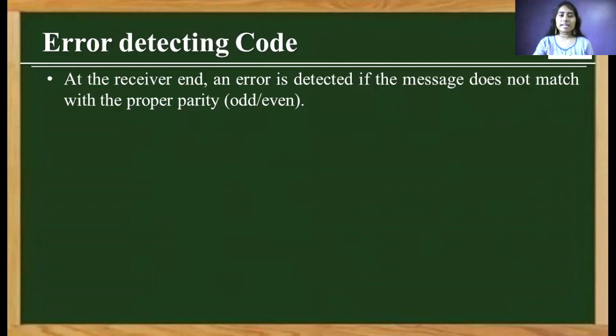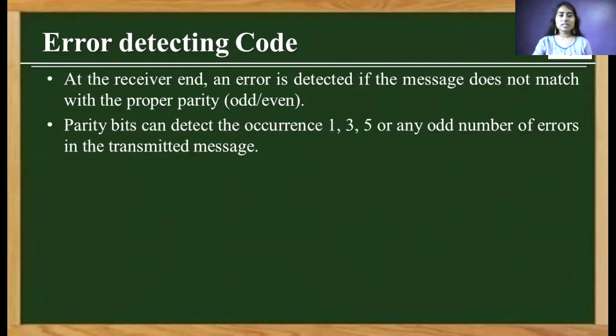That means if the sender sends information with odd parity, it has to be an odd number of ones, and it has to be an odd number of ones at the receiver side. And if there is a change in a bit, this odd number of ones becomes an even number of ones. So this is how the receiver gets a message and knows that it has an error.